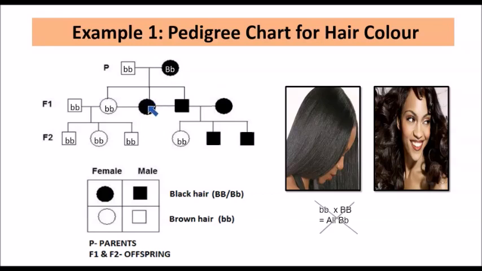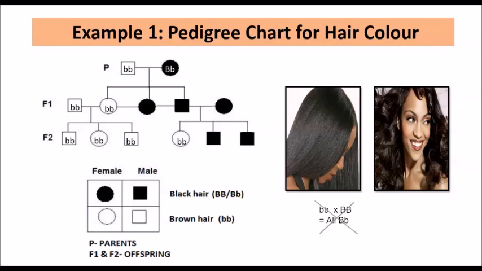So then what about the other two children? So we know that they have black hair, that's the phenotype, but what would their genotypes be? So based on the genotypes of the father and the mother, the only possible genotypes these individuals can be would also be heterozygous.